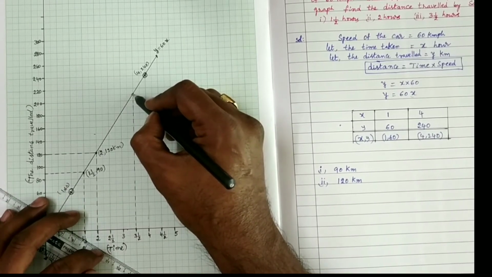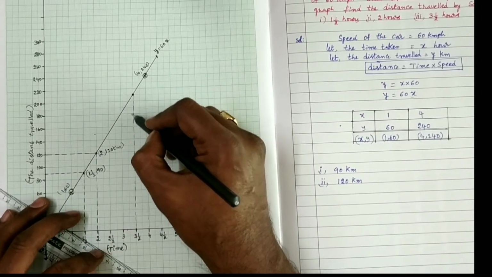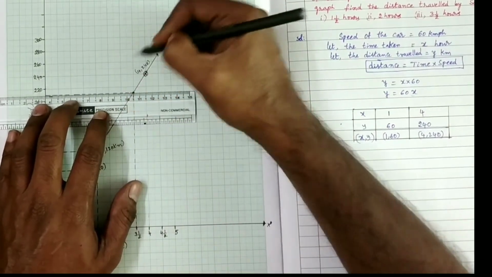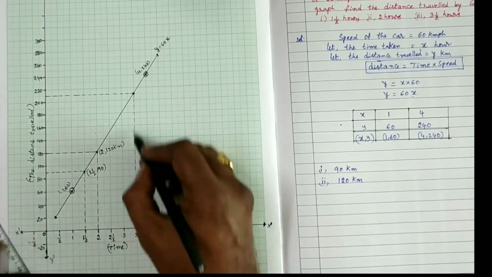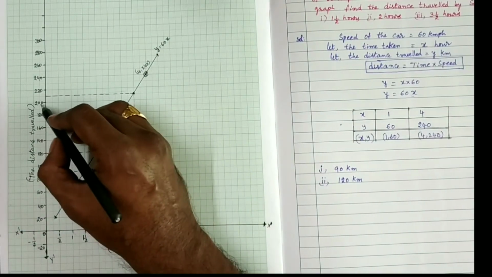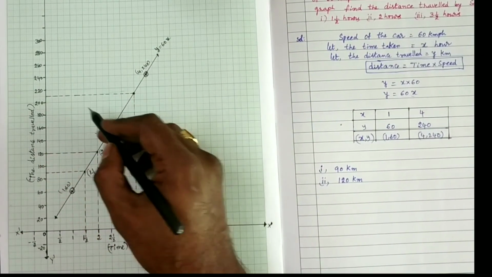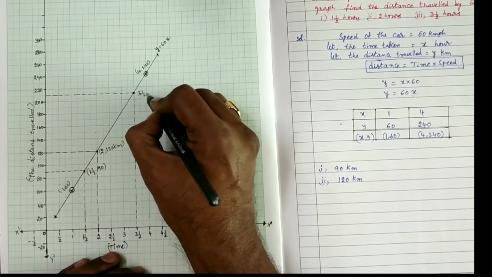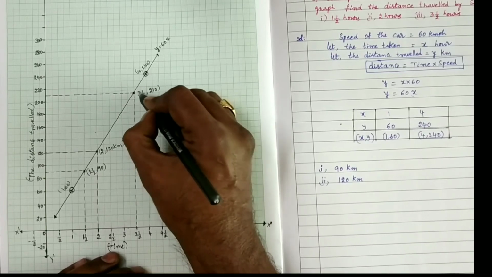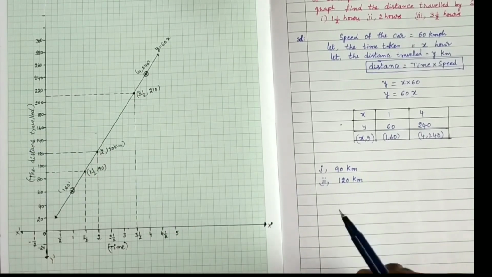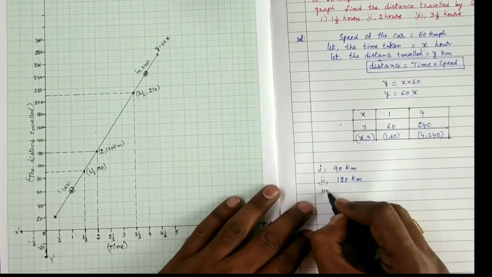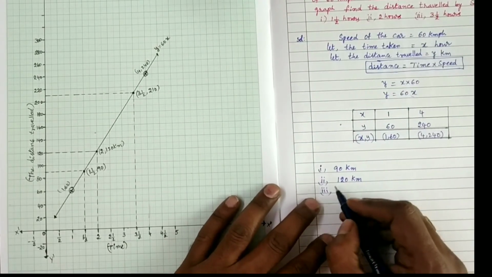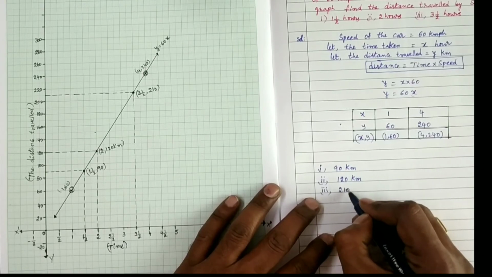So from this point, draw a perpendicular line to this dotted line to the y-axis. So in 3.5 hours, the car traveled, this is 200, 210, 220, so 210 kilometers. So the third answer is, in 3.5 hours, the car traveled 210 kilometers.